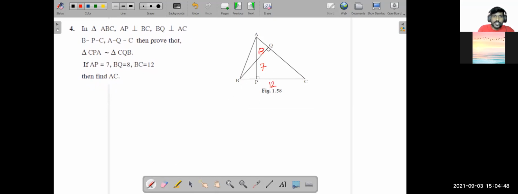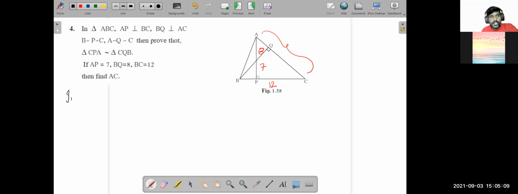And BC is given 12. You have to find out length of AC. Okay, so this is very simple. Oh, you have to prove also, sorry. We have to prove also that the two triangles are similar to each other.